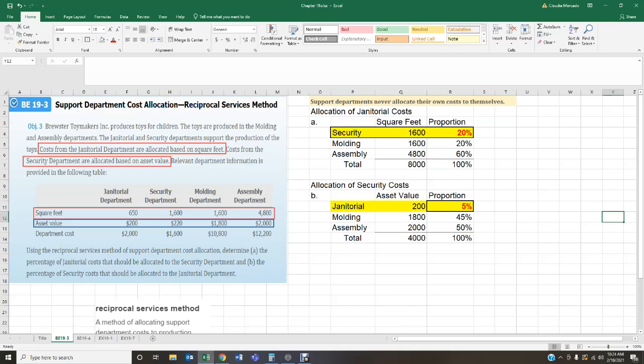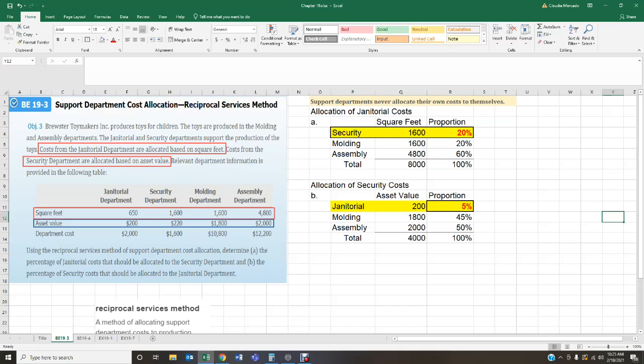Why? This is based on the asset value. If the asset value changes, then of course your percentage allocation will also change. But based on the information provided, if your asset value remains at 200, 5% of the cost for the security department is going to be allocated to the janitorial department. 45% is going to be allocated to the molding department and 50% to the assembly department.